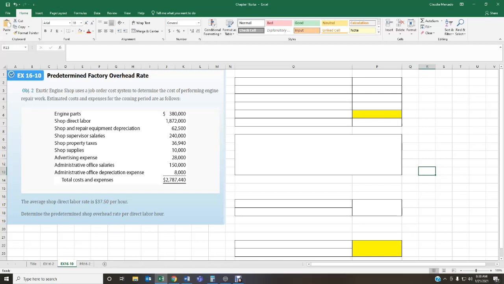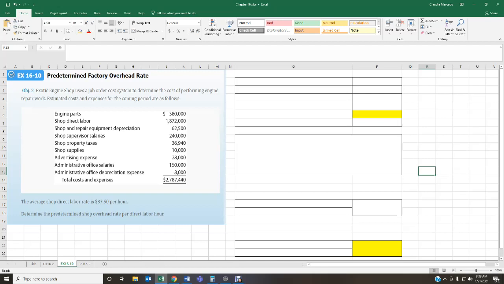So our total costs and expenses for the shop are $2,787,440. They're also telling you that the average shop direct labor rate is $37.50 per hour. We are being asked to determine the predetermined shop overhead rate per direct labor hour.